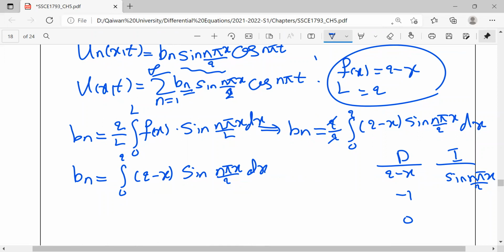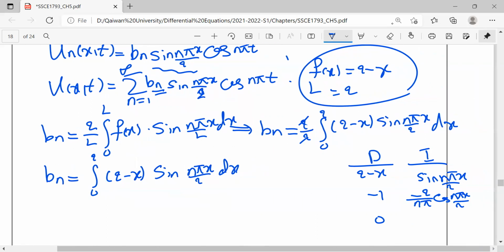The first integration is -2 over n pi cosine n pi x over 2. And the second integration is -4 over n squared pi squared times sine n pi x over 2. We multiply these two, then minus, we multiply these two.